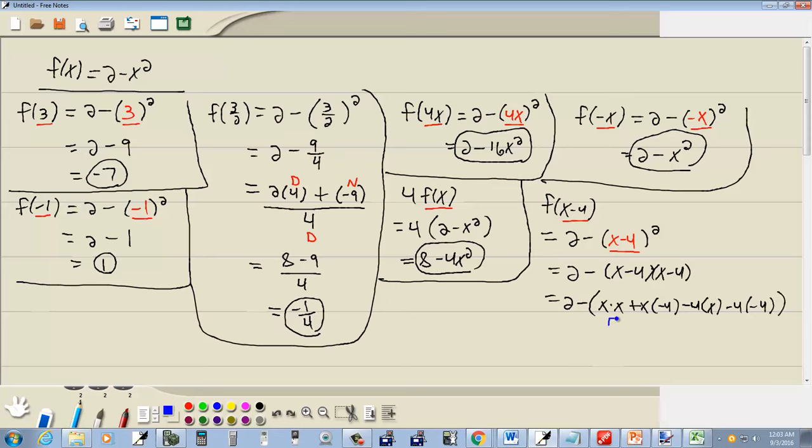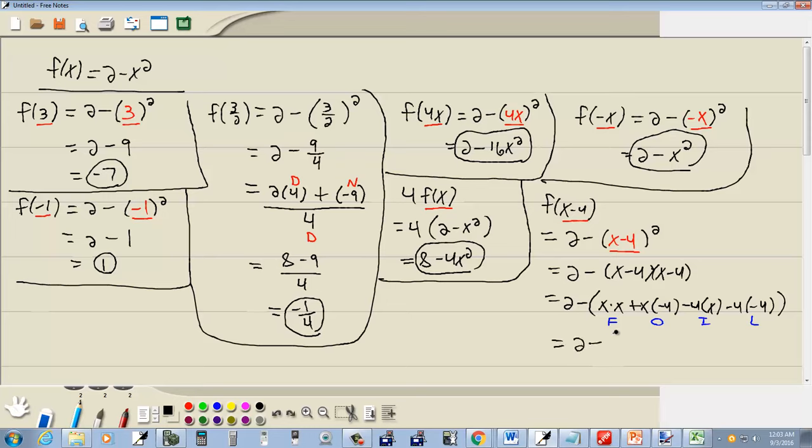You multiply your first terms together, first terms in each set of parentheses. You multiply your outer terms together. That would be the outer ones when you're taking this as a whole. So this one times this one. And then your inner ones, negative 4 times x, those are your inner terms. And then your last terms in each set of parentheses, so negative 4 times negative 4.